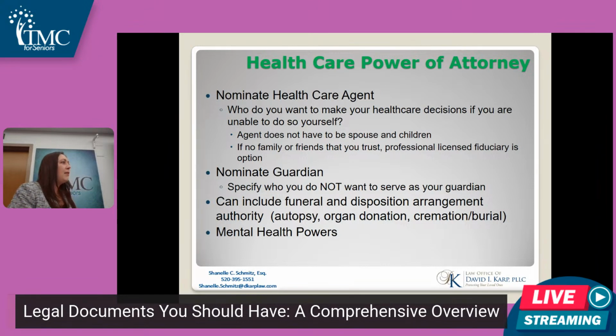And it does not always have to be your spouse. Sometimes spouses have a very hard time making those decisions. So maybe you don't want to have them as the first agent. But the most important thing is to pick someone who can make those decisions for you, and to make sure they understand what decisions you would want to be made for you when you're not able to speak for yourself.